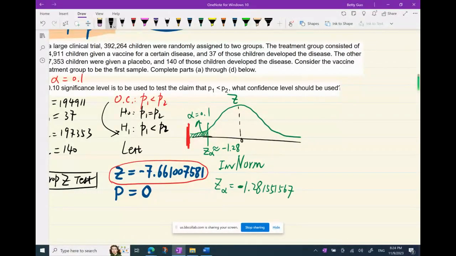So definitely the test statistic falls in the critical region. The rare event occurs. So we decide to reject the null. That's how we use the critical region method.